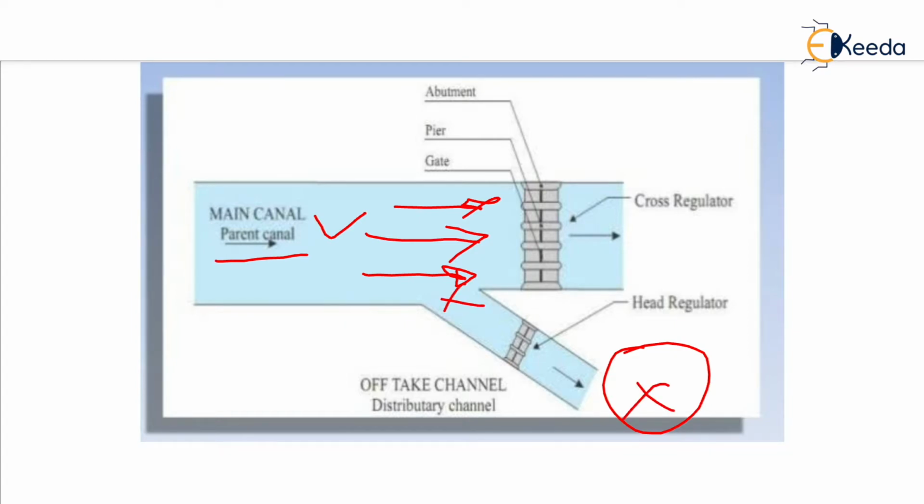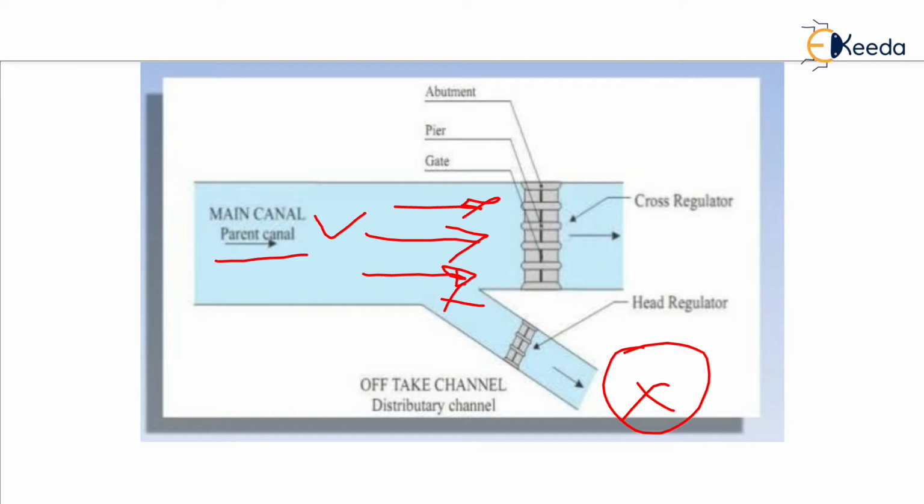So for diverting the water, what exactly does this structure do? The objective is, see, this cross regulator mainly helps to increase the water level.